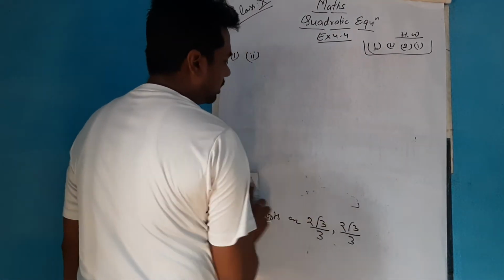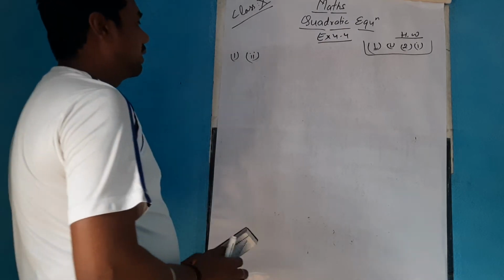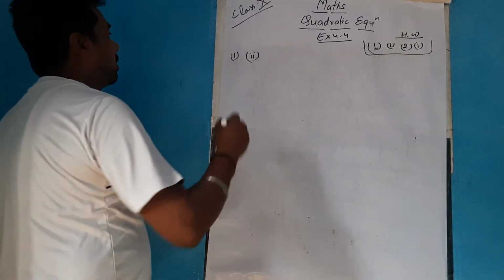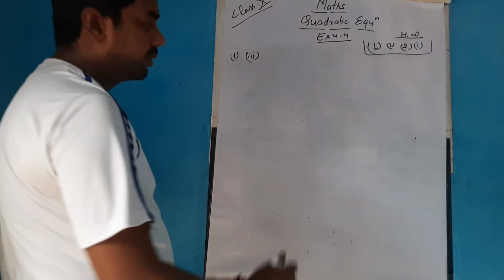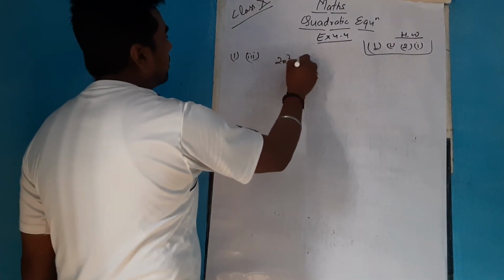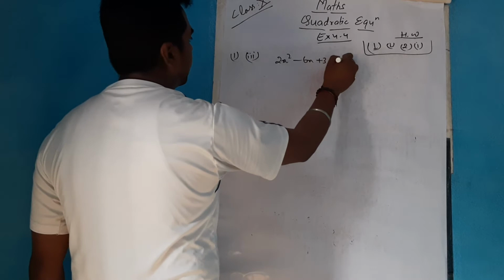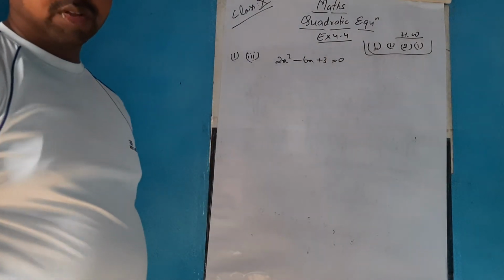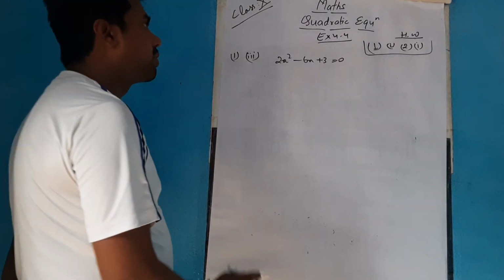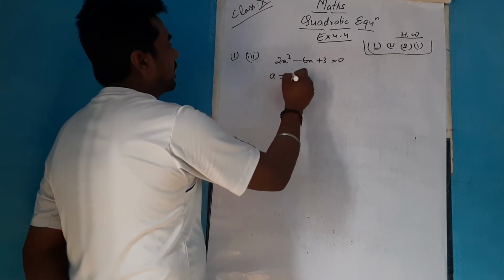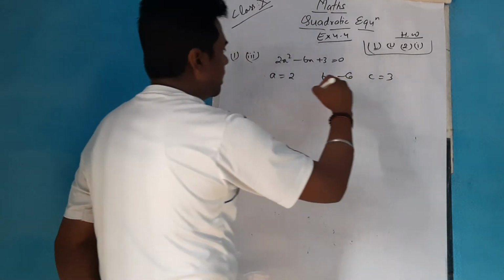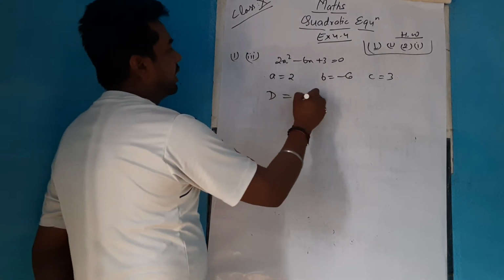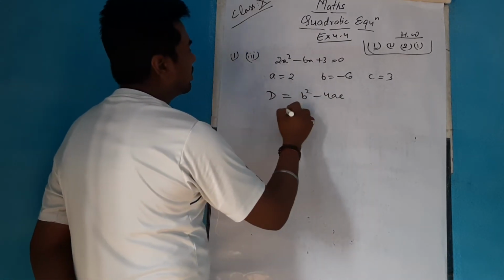Now I'll solve the third part. The third part says 2x square minus 6x plus 3 equals to 0. Again here we'll get the values of a, b and c, and we'll get the discriminant b square minus 4ac.